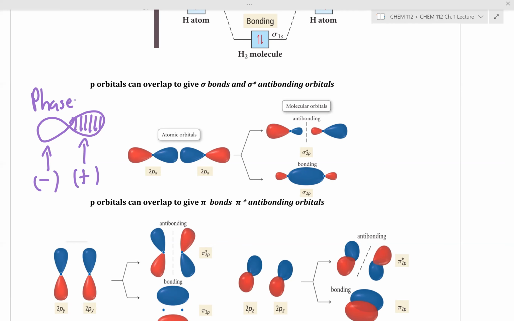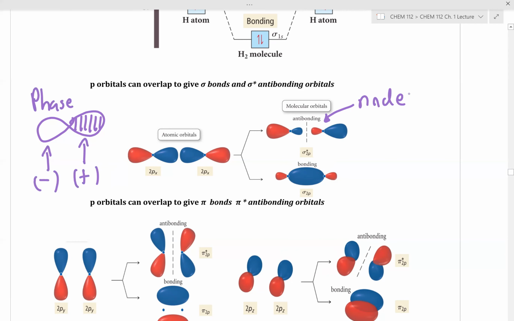antibonding interactions. Now, I want you to be comfortable drawing the bonding and antibonding orbitals for each of these overlaps, and just get a sense of what these bonding and antibonding orbitals look like. Again, as with all antibonding orbitals, what do we notice in the middle of our two atoms? What do we see? A node.